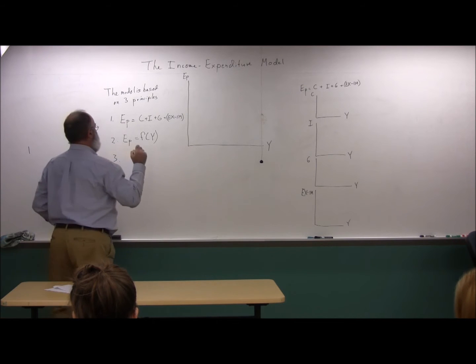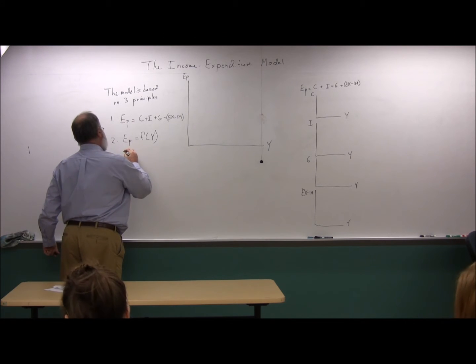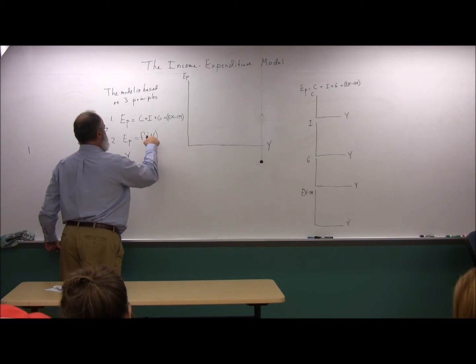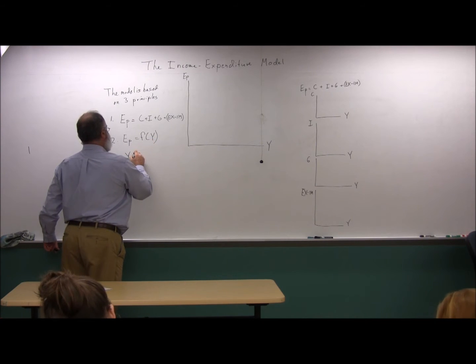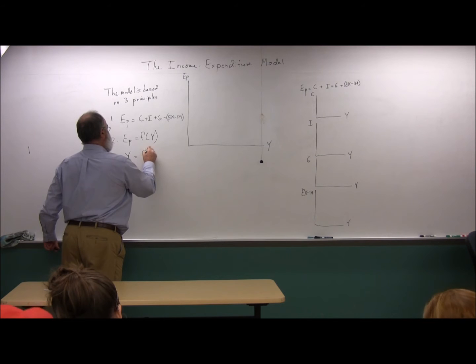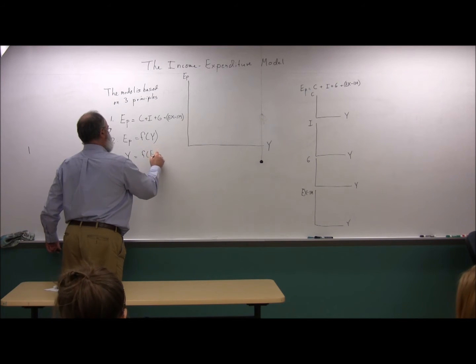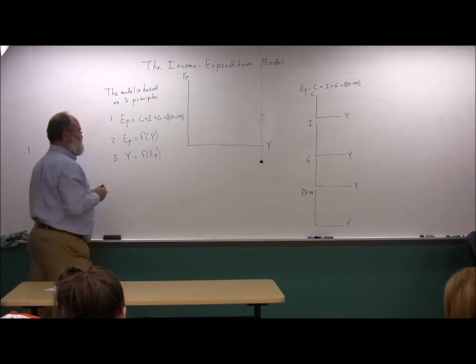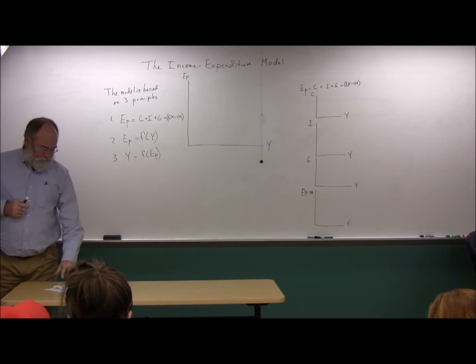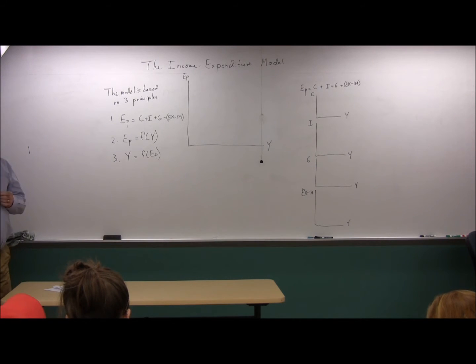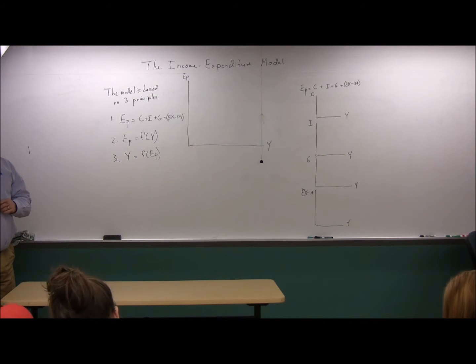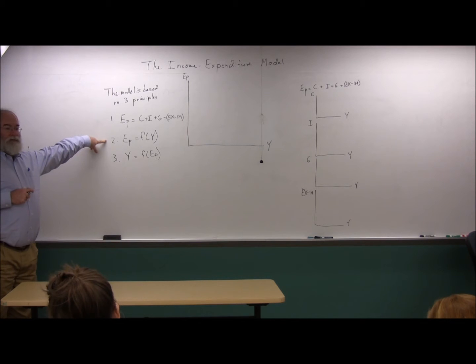And the third one says not only is spending a function of income, but income is a function of spending. So we have some reverse causality here, which is interesting. Okay, for now, this is the most important one that we're going to work on.